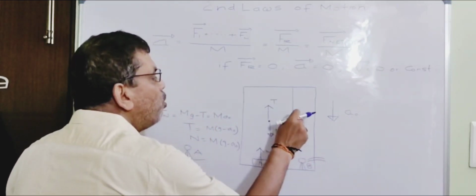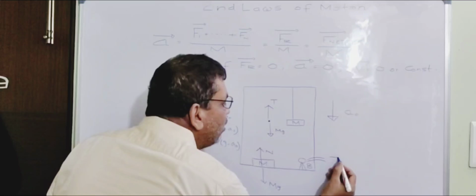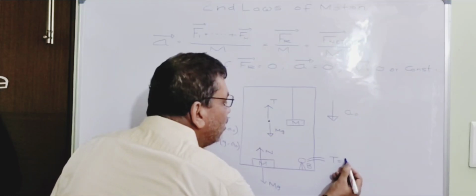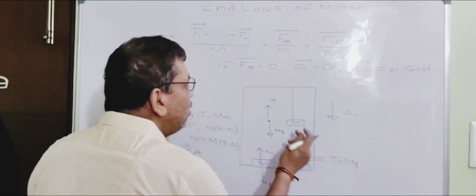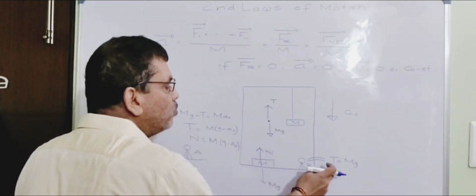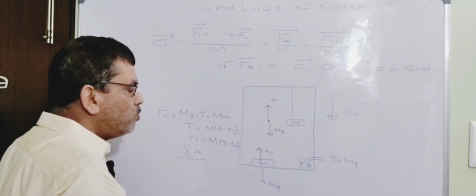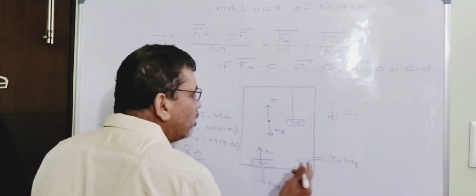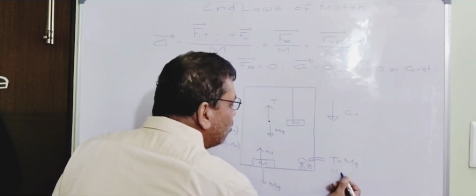So T equals how much? T equals mg, then only it will be at rest. The force T is acting upward, the weight is acting downward. So T equals mg. For this block, he will say N equals mg.